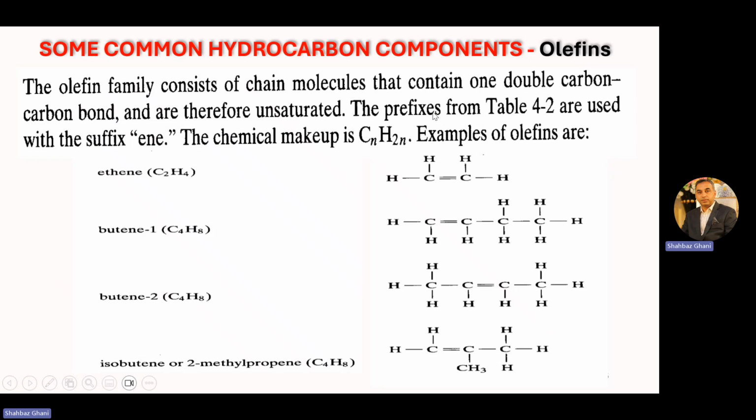The prefixes from table 4.2 are used with the suffix "ene": ethene, propene, butene, isobutene. So ethene is C2H4, in which we have a carbon to carbon double bond, and then two hydrogen bonds with each carbon. So butene is this, and butene 2 is like this.